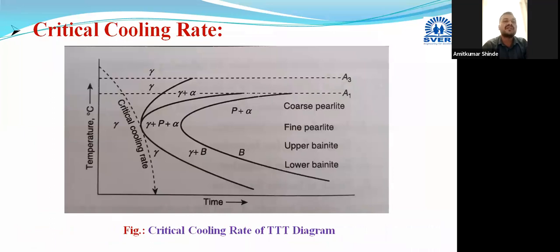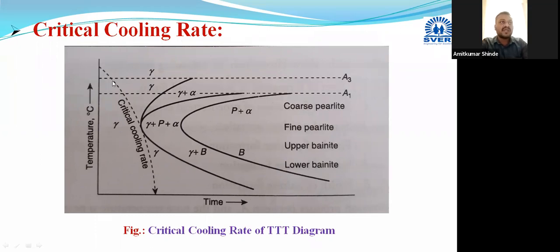What is the meaning of critical cooling rate? Now from this diagram, we can easily see this. This is the IT diagram or TTT diagram. Now these curves are the different cooling rates we are using. What is the meaning of critical cooling rate?